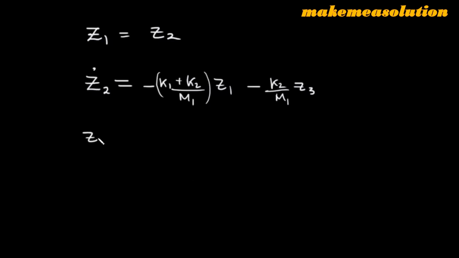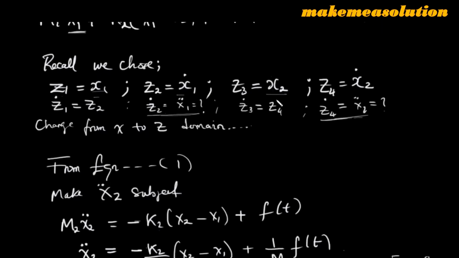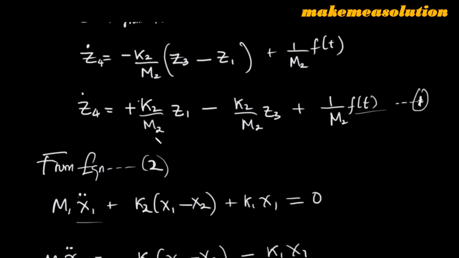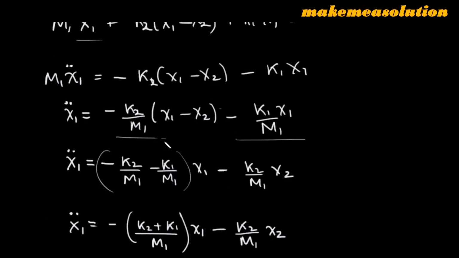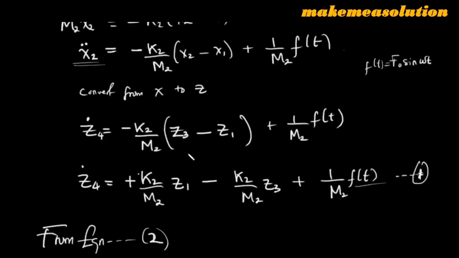Then your z3 dot is z4. And finally your z4 dot is what we got up there, and this is going to be the full equation. k2 over m2 z1, I hope that's positive.